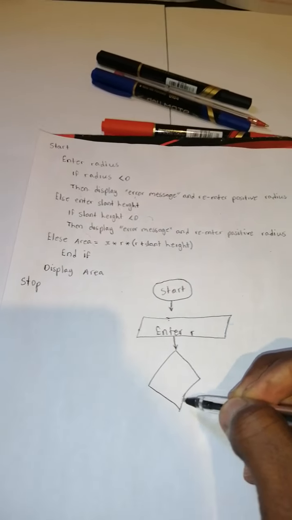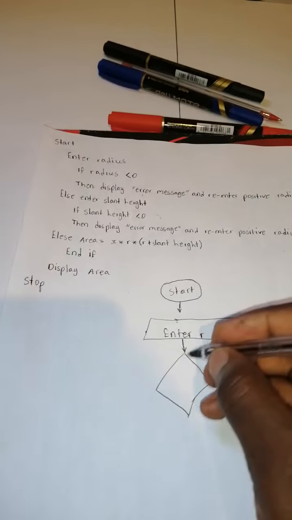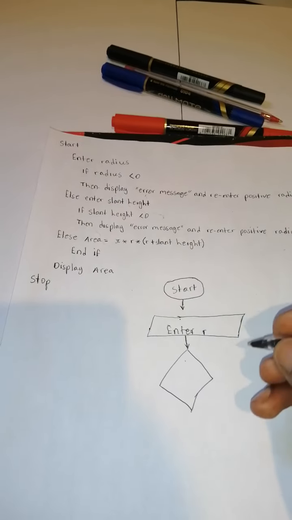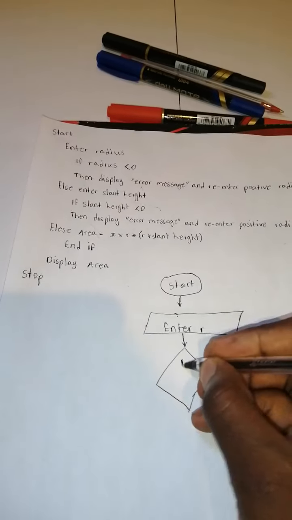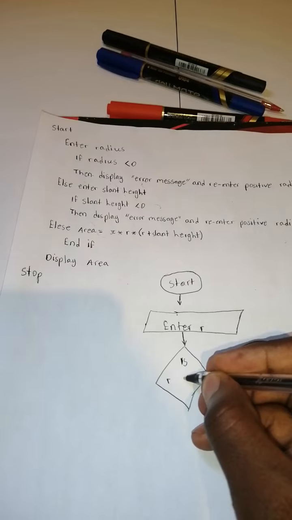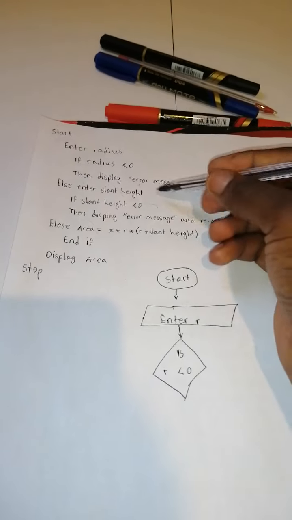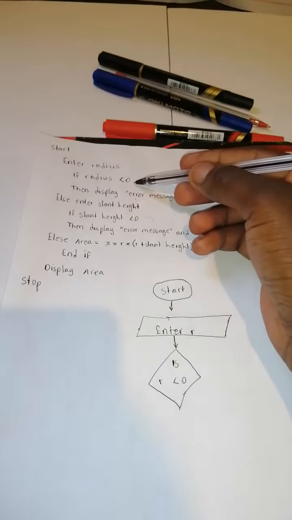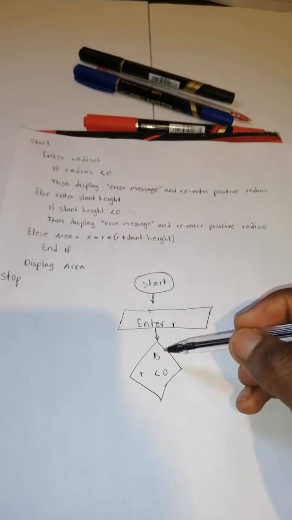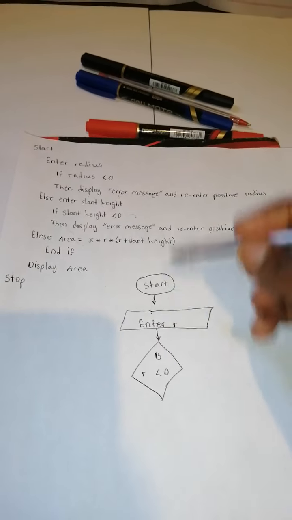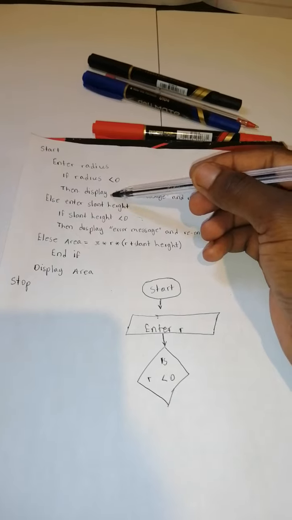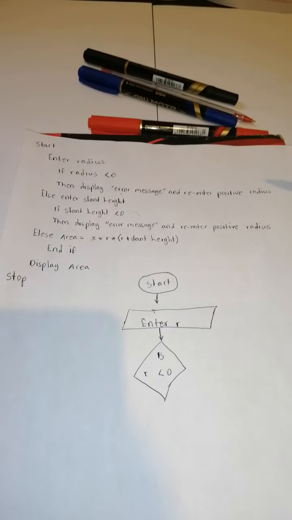Yeah, my drawing is not okay, just maybe like this. Instead of writing if radius is less than 0, I'm going to say is r less than 0, and then I'm going to move on to the next step, which is then display error message and enter positive radius.